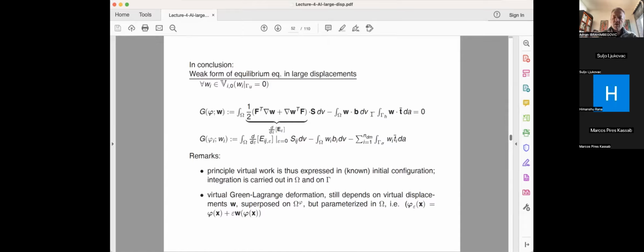And then the work of external forces is the material representation of this virtual displacement with respect to the material representation of the applied load and applied traction. So the principle of virtual work has now been expressed in the initial configuration, and the Green-Lagrange strain came as a work conjugate, let's say, to the second Piola-Kirchhoff stress.